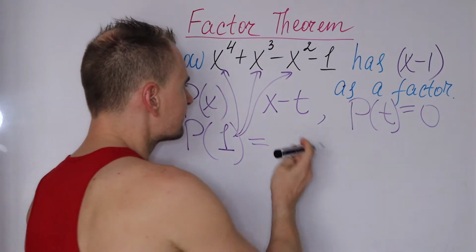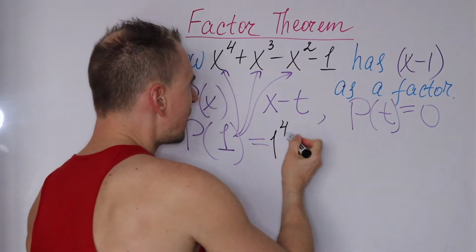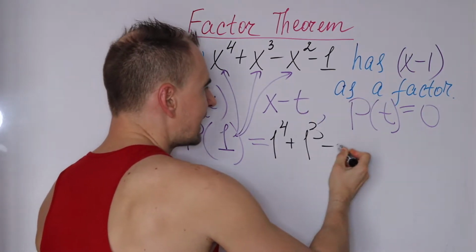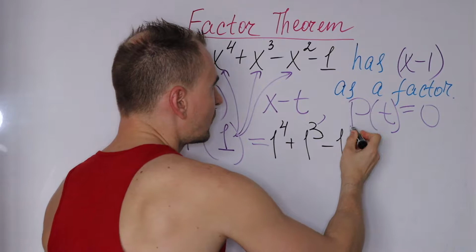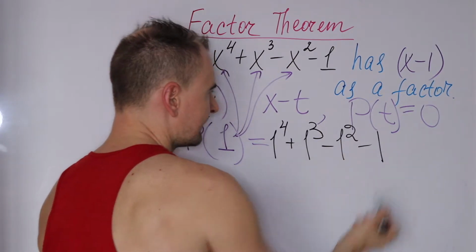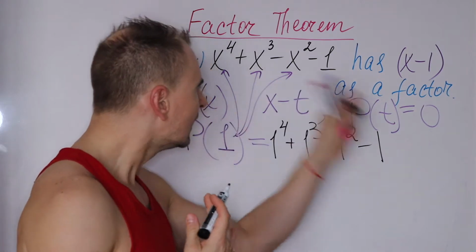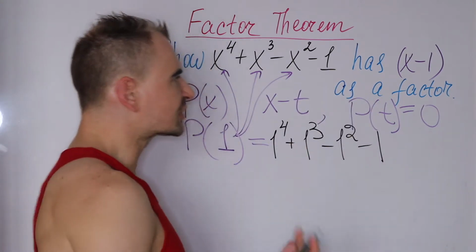So it becomes 1 to the fourth power plus 1 cubed minus 1 squared minus 1. All you need to do is prove that this equals 0.